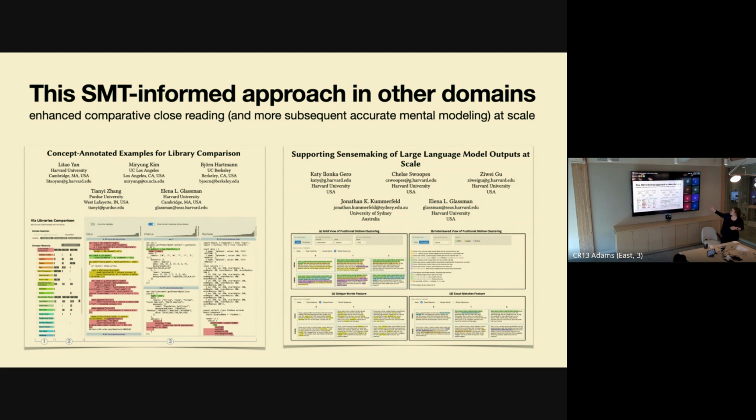We've also done this in the previous year with many outputs, like 100 outputs of a large language model to the same or similar prompts, where there's a lot of regularity in the language. That's where the positional diction and clustering that I pointed out helped people form better mental models of the behavior of a large language model by looking at these outputs.